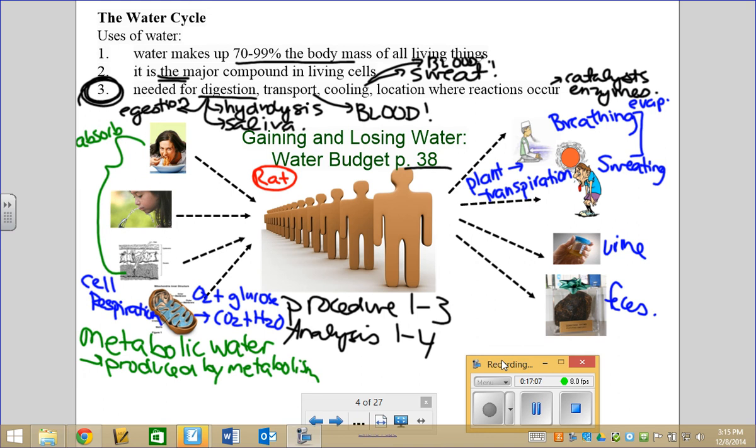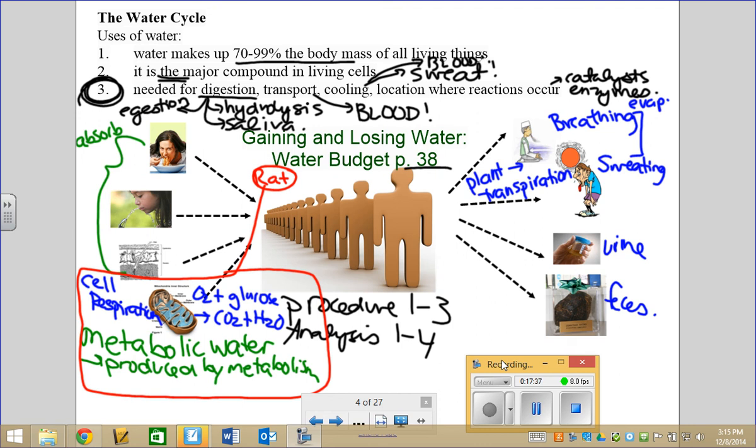So I want you to notice that the kangaroo rat has a humongous amount of metabolic water. Compared to the other ways that it could be taking in or acquiring water, the kangaroo rat uses metabolic water as kind of its major way to acquire water. The other thing that I want you to notice about the kangaroo rat is in the water losses section.